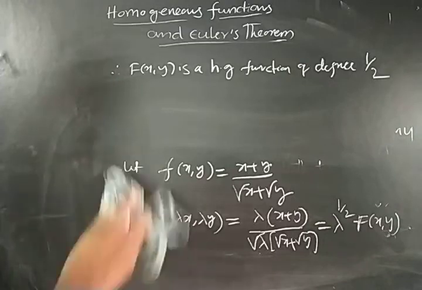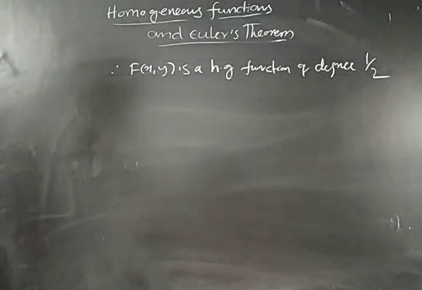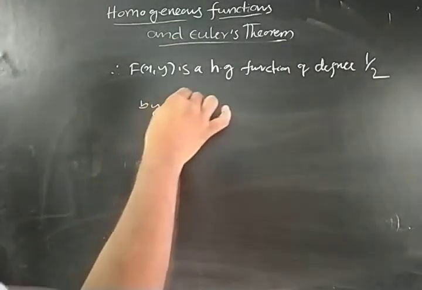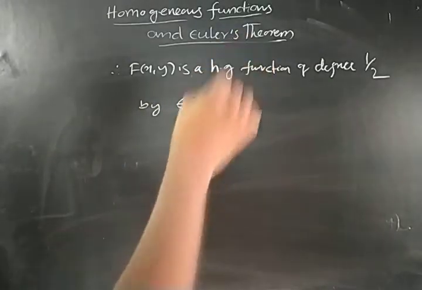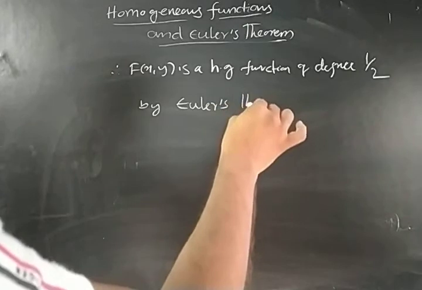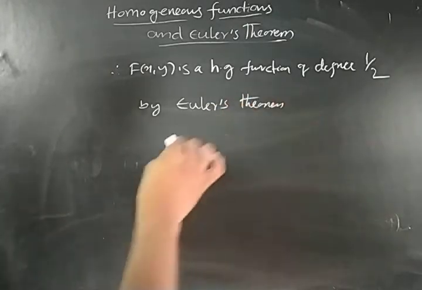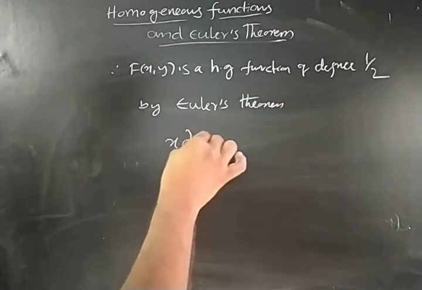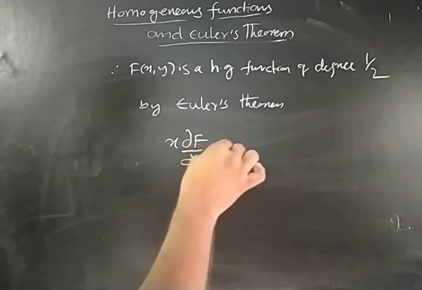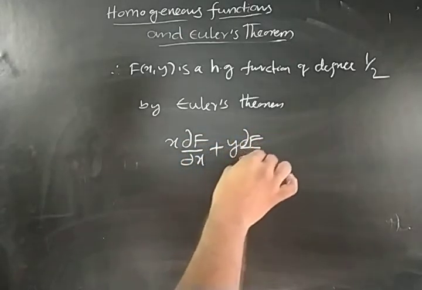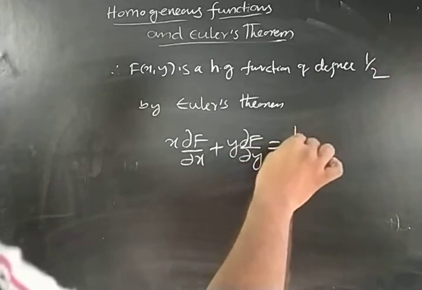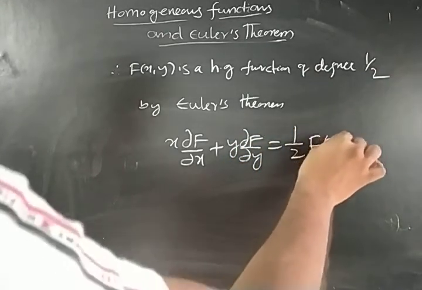Now by Euler's theorem, we can apply it because it is a homogeneous function. We can write x into ∂f/∂x plus y into ∂f/∂y is equal to 1/2 of f of x comma y.